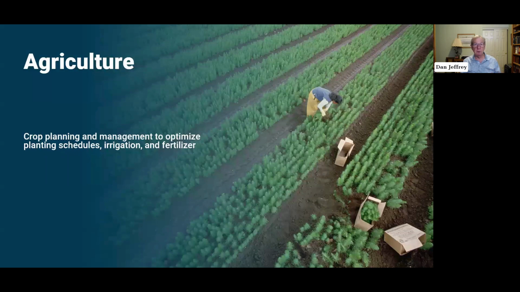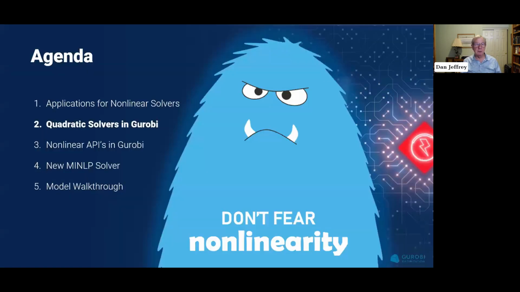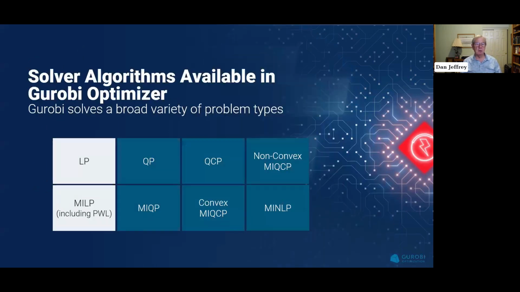So now that you have the solver, we're hoping that you'll use it and feedback to us how it's going. We'd really like to hear what applications are being created using Gurobi's new nonlinear solver. But of course, nonlinear doesn't mean just general nonlinear. We're also including quadratic solvers. So it's worth taking a moment here to talk about all of the solvers in Gurobi that are nonlinear.